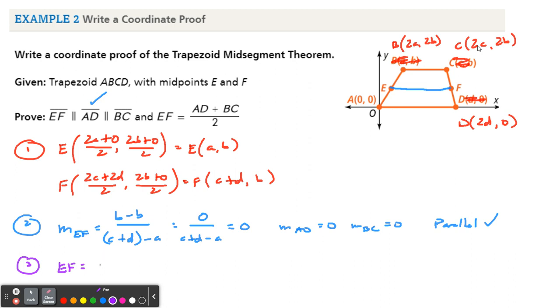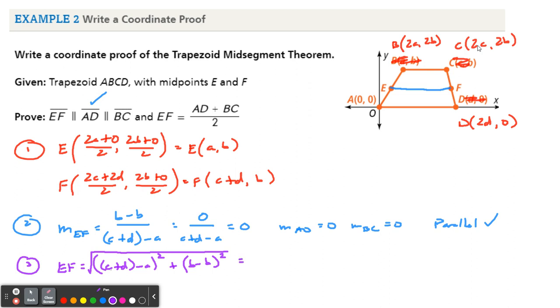So we're going to take C plus D, subtract A, and that's going to be squared, plus B minus B squared, all under a square root. That's x2 minus x1 squared plus y2 minus y1 squared.